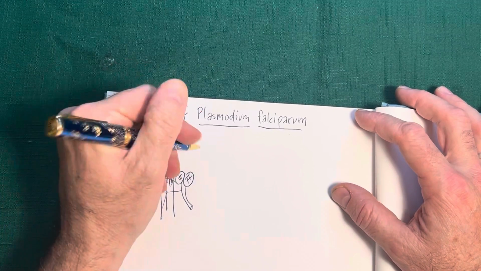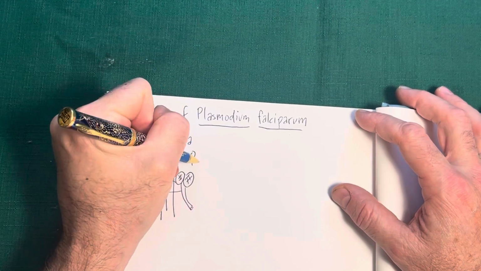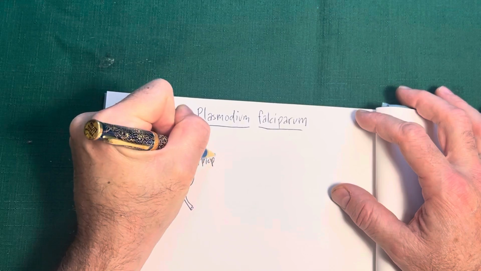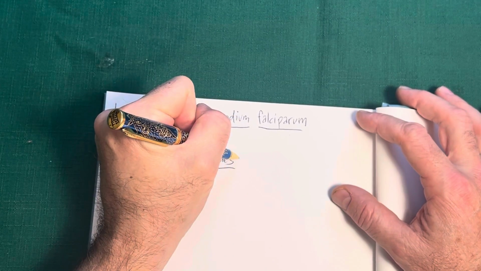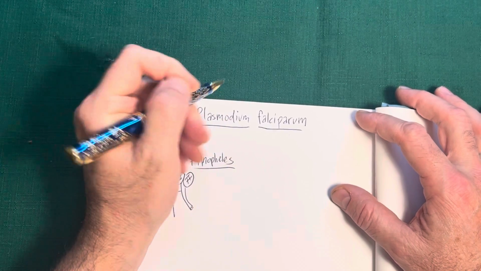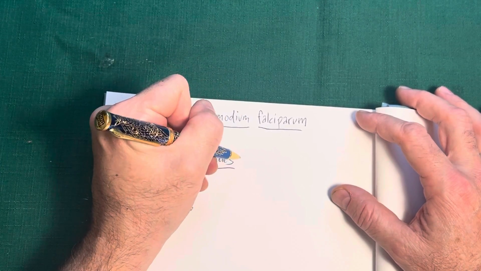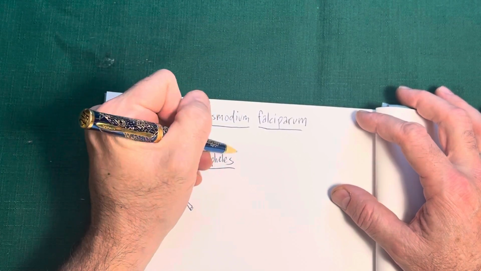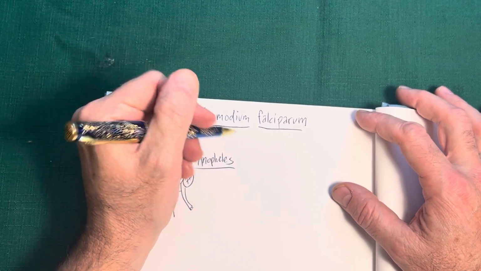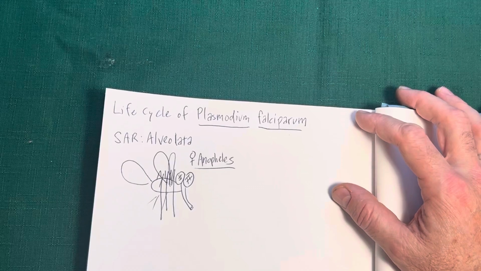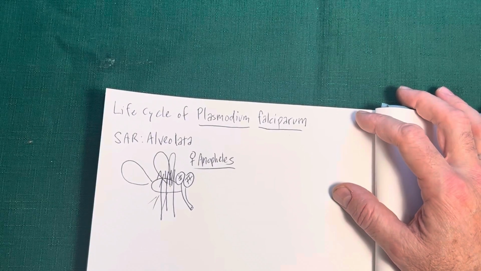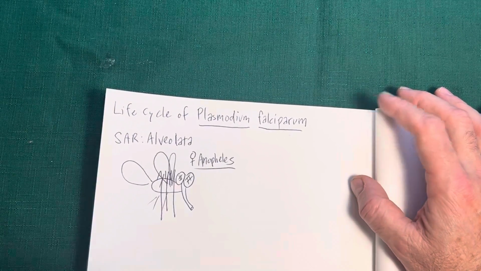And why do I say her? Because this is a female Anopheles mosquito. And the genus Anopheles has several species. Anopheles gambii is the most common one in Africa, but there are many other species. And it is only the female mosquitoes that will take a blood meal. So male mosquitoes do not.